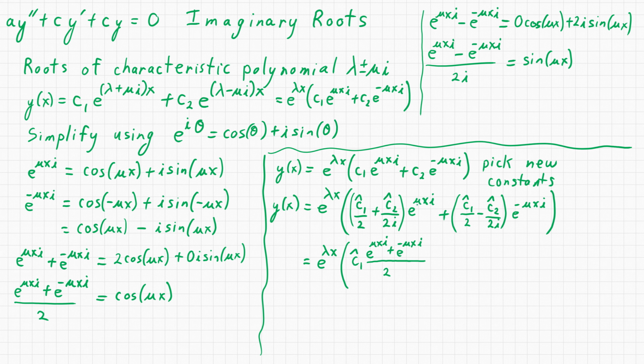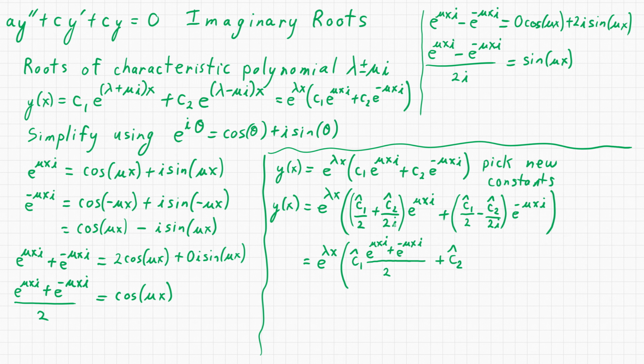Right, I had the 1/2 times e to the mu xi, I have the 1/2 times e to the negative mu xi, I put them together in one fraction. This exchange of constants is a really weird thing to do, but it's going to work out to be something clever. And same thing we're going to do with the c2 hat. We're going to group those terms together.